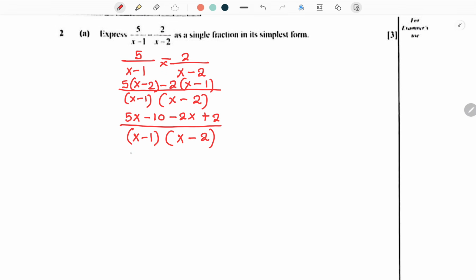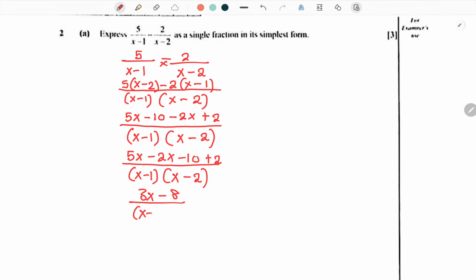I can collect the like terms, so I'm going to have 5x minus 2x minus 10 plus 2. Then, of course, I can put everything down like that. Then I'm going to get 3x minus 8 all over x minus 1, then x minus 2. And then this is going to be my answer.